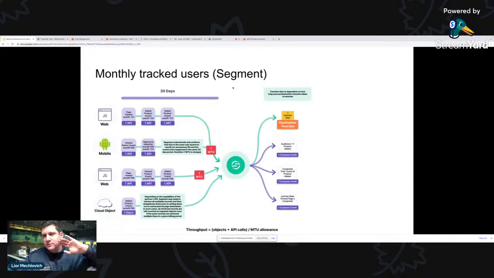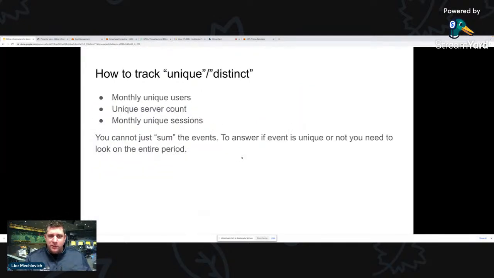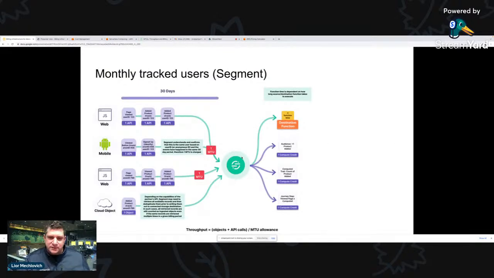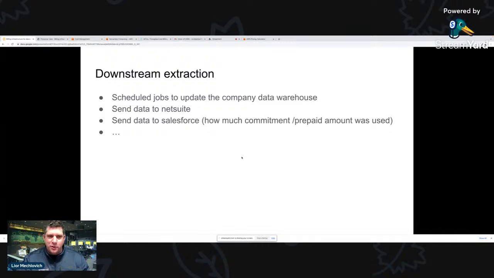So if you're looking, for example, at Segment, you can send users to track users across the month, but it doesn't matter how many times across the month you send it. You only want to track it as one. Okay, so just an example. If we're looking at the simplified version, this just doesn't fly. Being able to do duration, unique, max, all kinds of different aggregations, and metering different usage is not straightforward.